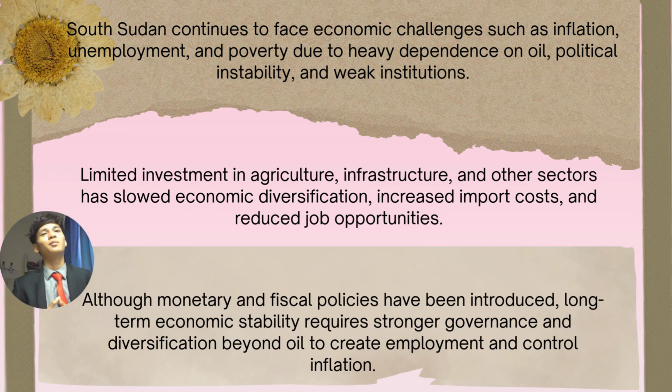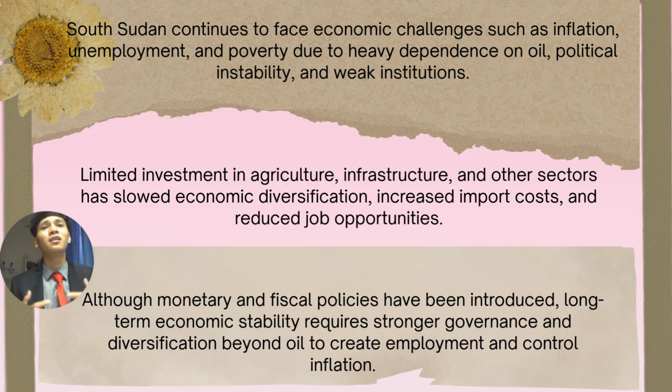To conclude our presentation, let's look at the current economic situation in South Sudan. The country continues to face major challenges like high inflation and unemployment. The main reasons for this are a heavy reliance on oil and ongoing political instability, because investment in agriculture and infrastructure has been limited.